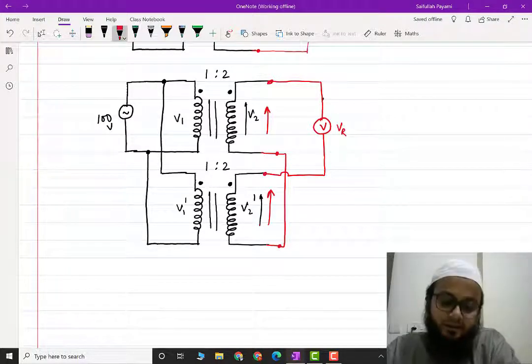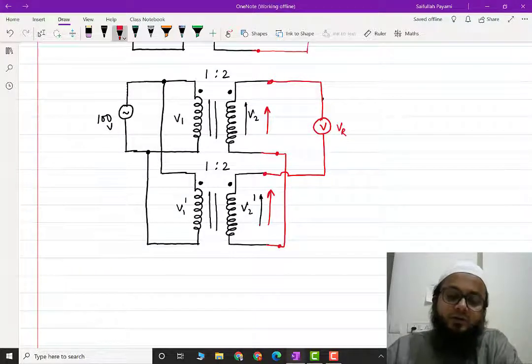So now what will this voltmeter actually read?